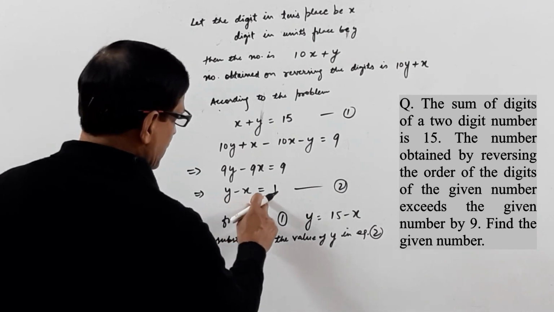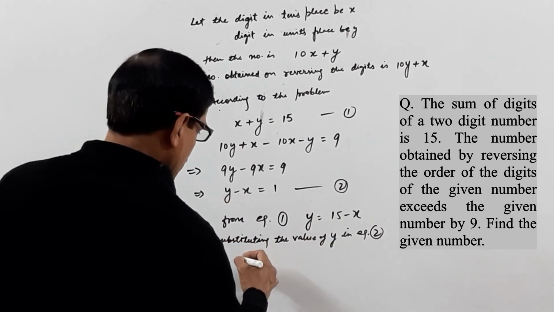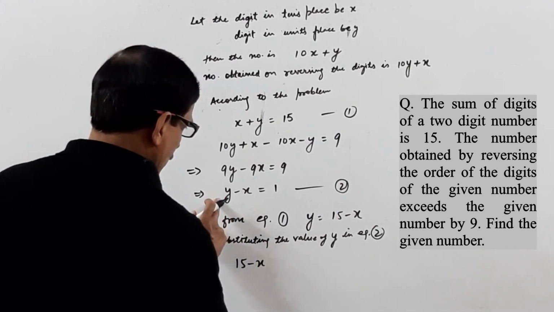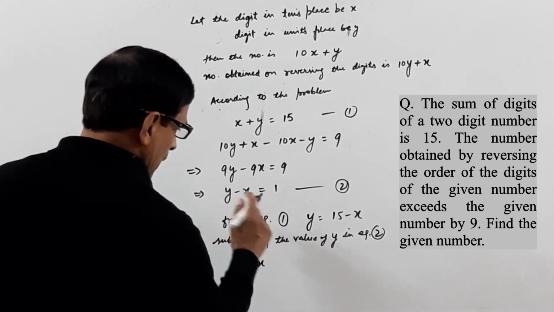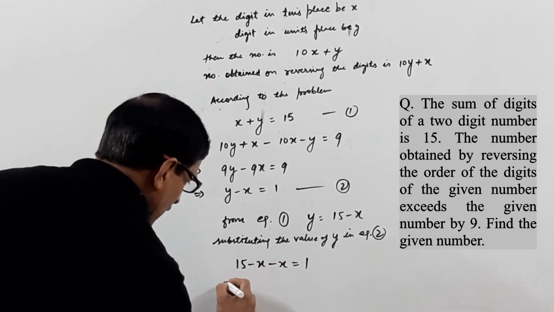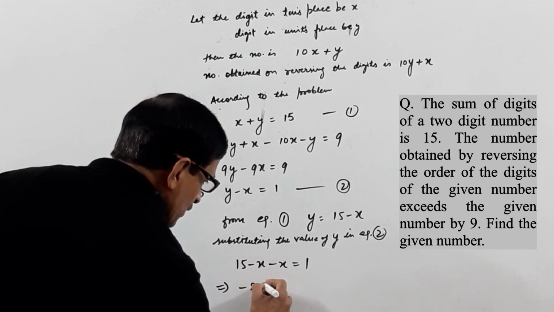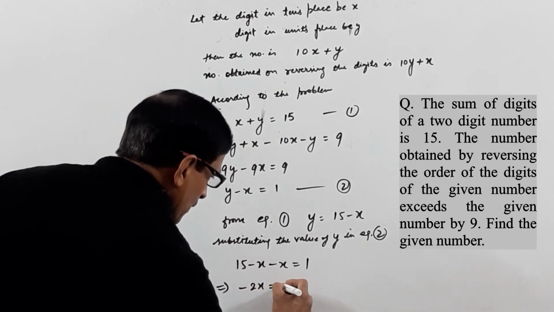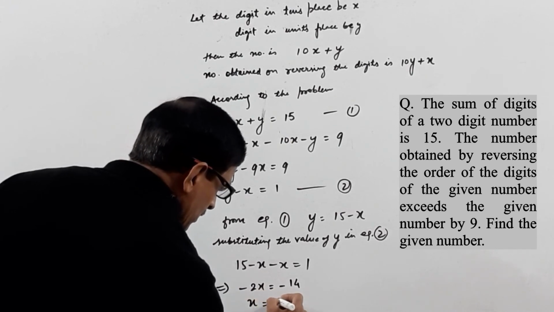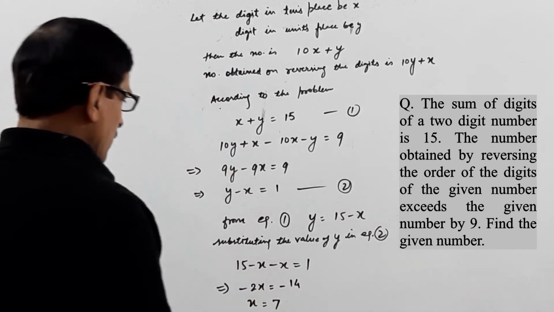That is y minus x is equal to 1. So y replaced by 15 minus x: 15 minus x minus x is equal to 1, implies minus 2x is equal to minus 14, or x is equal to 7.